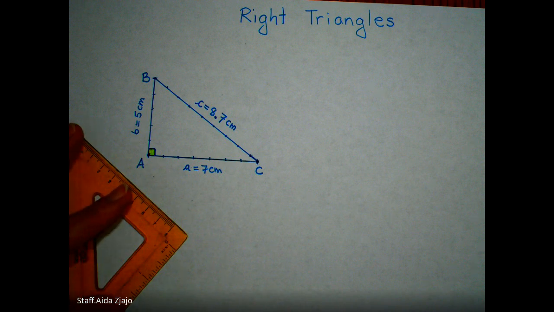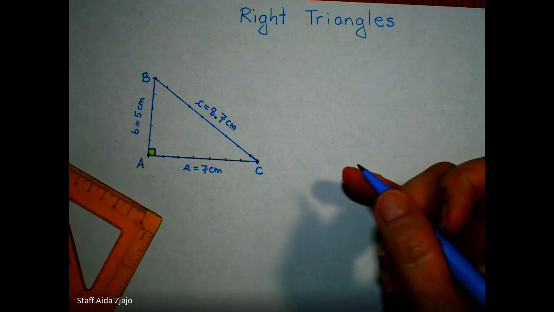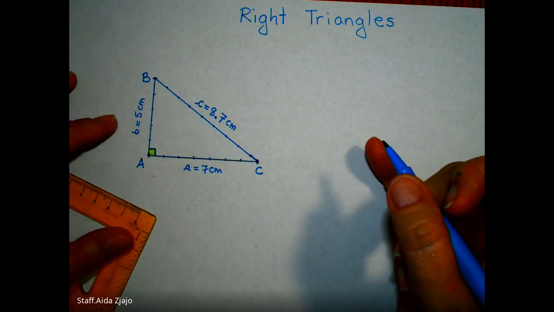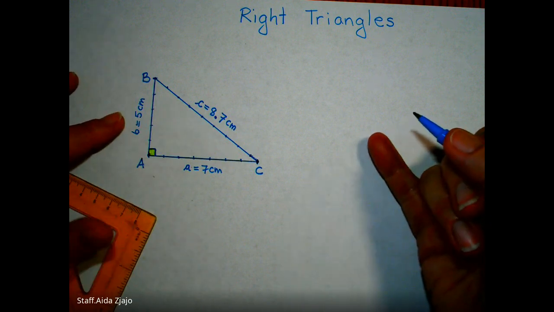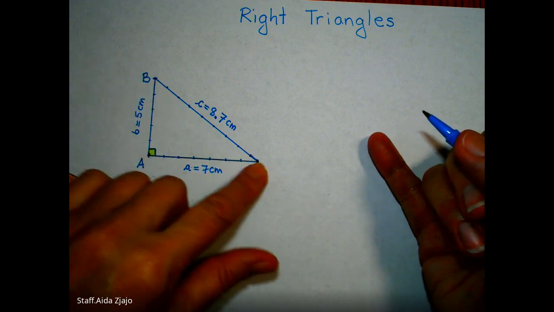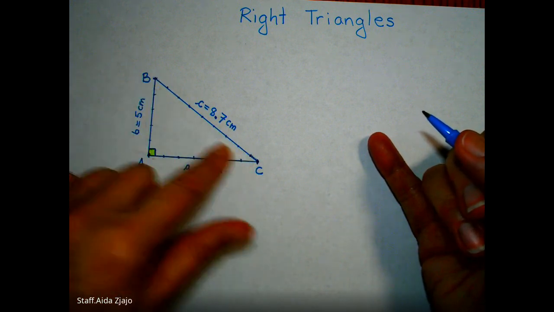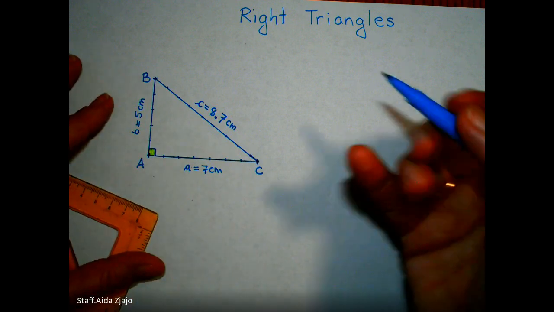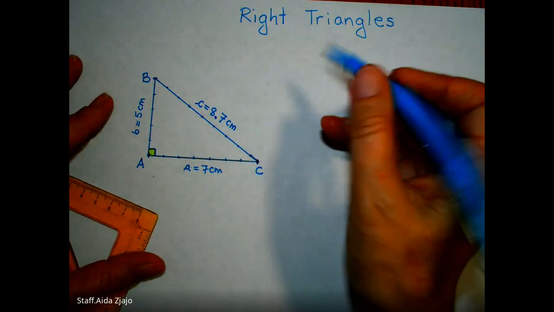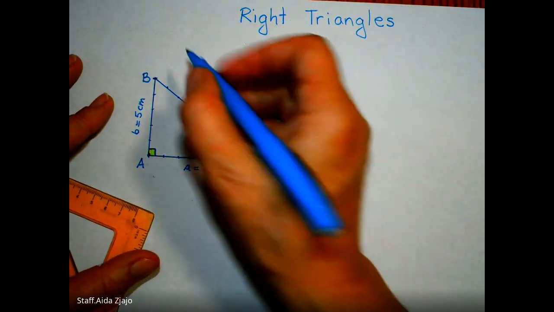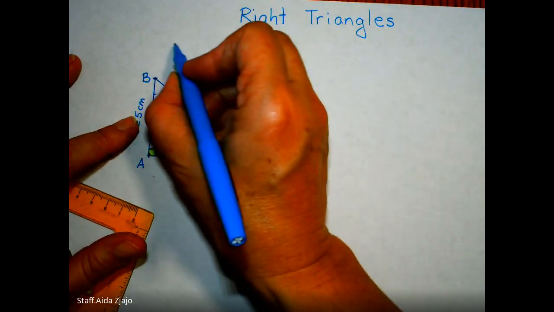Then I can call this right triangle also scalene, because none of the sides are the same: I can see 5 centimeters on one side, 7, and 8.7. None of them are the same. So I can call that right triangle also a scalene triangle.